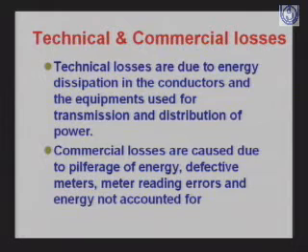As I said earlier, these are the two parameters because of which technical losses occur, and there could be some other areas also. The commercial losses are caused by pilferage of energy, defective meters, meter reading errors, and energy not accounted for.